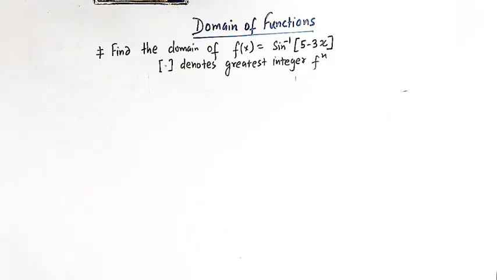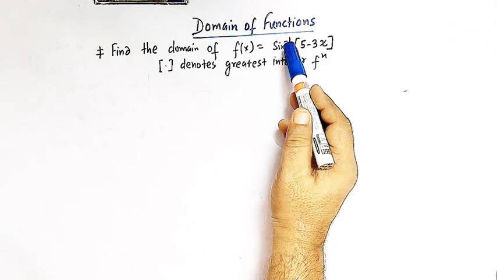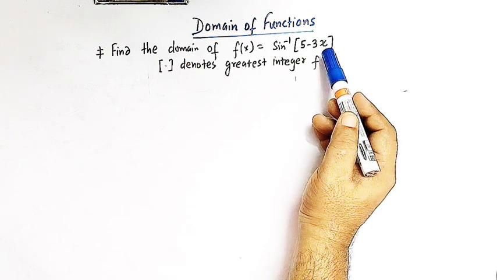So here we see that we have a function which involves two important functions in mathematics, that is the inverse trigonometric function, sine inverse, and the greatest integer function, right?